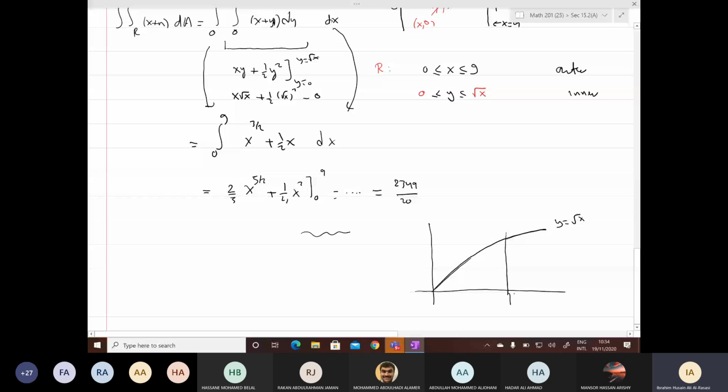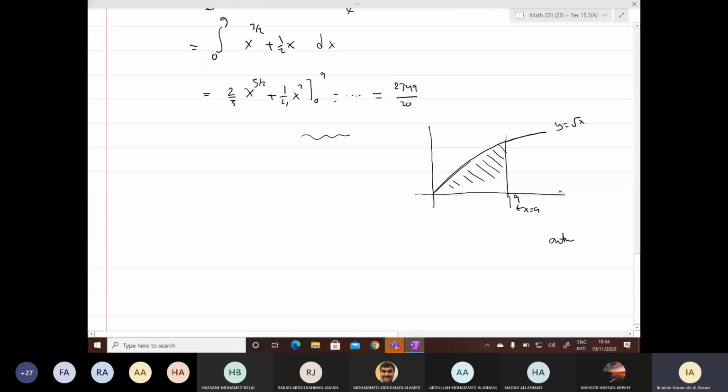Now the outer, I need it to be the y interval. This is x and I need it to be y. This is your region here. What is the y interval of your region here? Work on the y axis. What is the y interval of this region here? From 0 to 3.